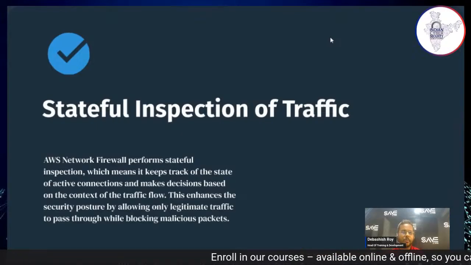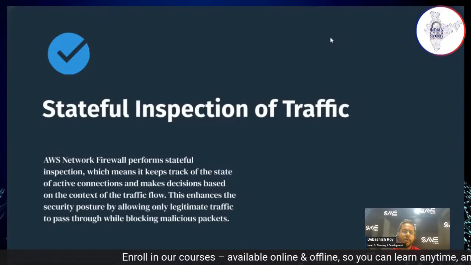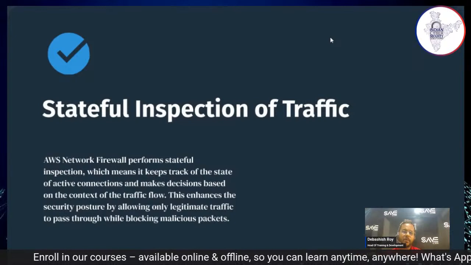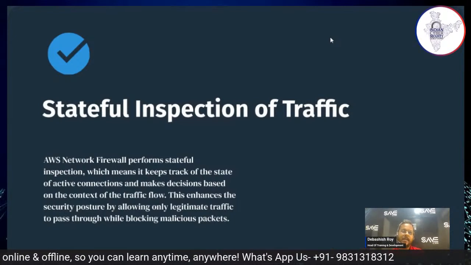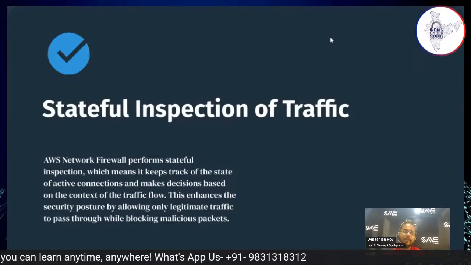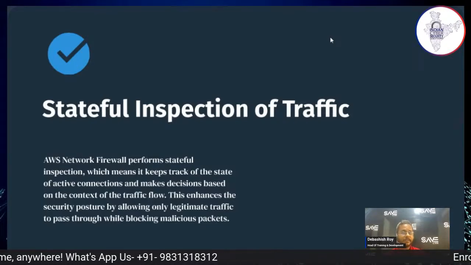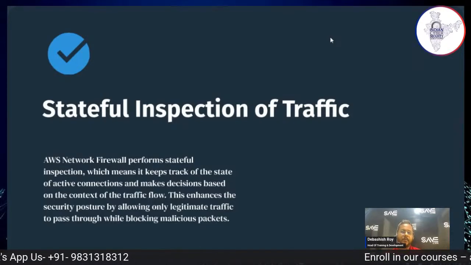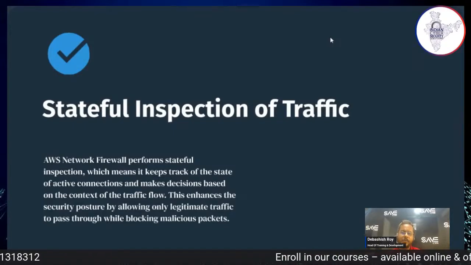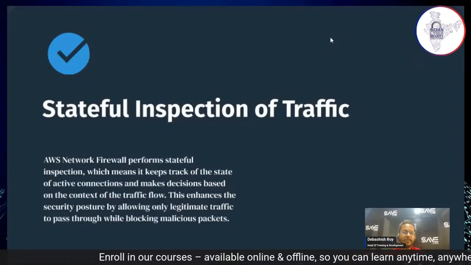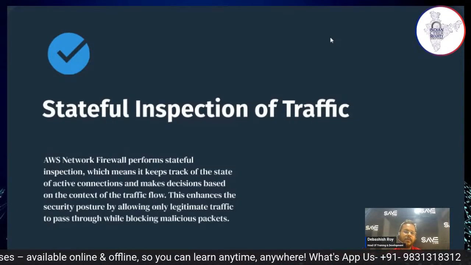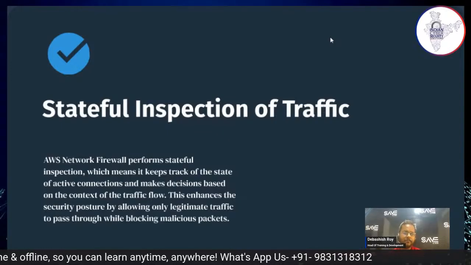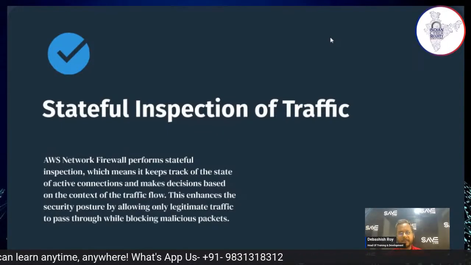So the source port, destination port, all these things are logged. Each time you do not have to make the same request again. The same traffic pattern is passing, and the firewall will log that, yes, I recognize this traffic. It was the same traffic that I encountered before. So every now and then you do not need to specify the source port, destination port, source IP, destination IP. That is stateful. This enhances the security posture by allowing only legitimate traffic to pass through while blocking malicious packets.